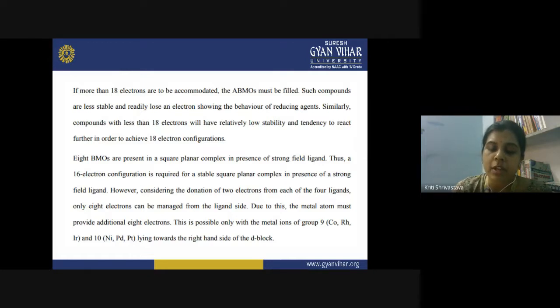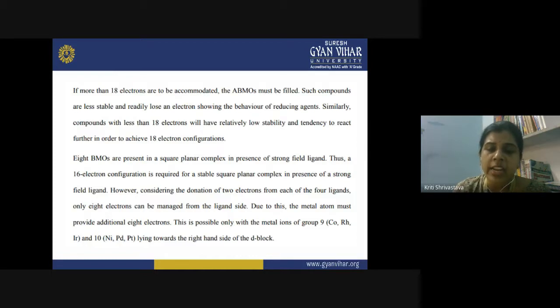Because if you are providing one electron pair to each of the 8 BMOs, a total of 16 electron count will come. And this is the case of the square planar complexes. Now, if you consider the donation of 2 electrons from each of the 4 ligands, what will be the total electronic contribution? It will be only 8, right?